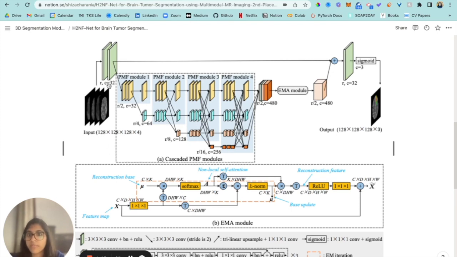And so you go from the size being R to R divided by 2. But at the same time, obviously, you're also increasing the amount of channels, because that's just how the models are supposed to work. So you increase the amount of channels while decreasing the dimensions.